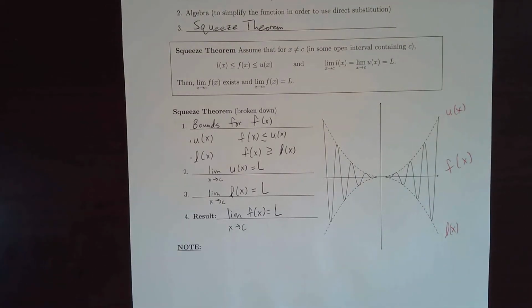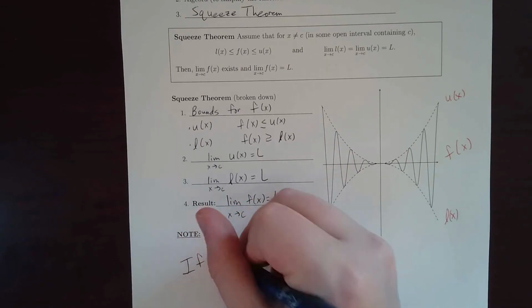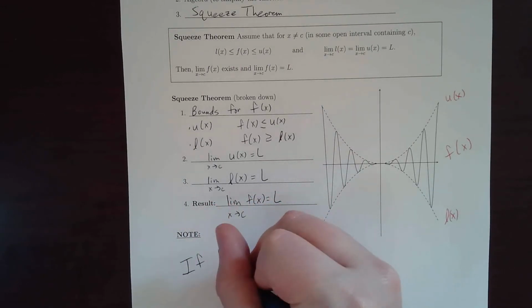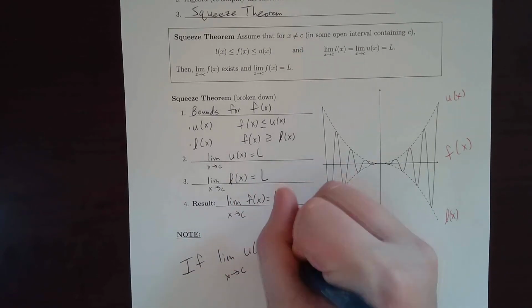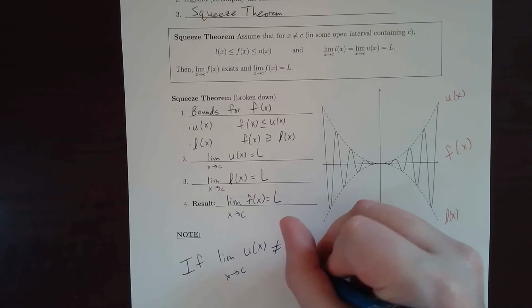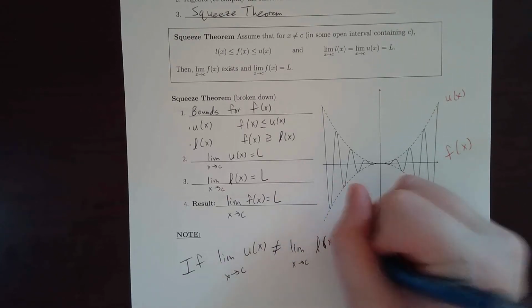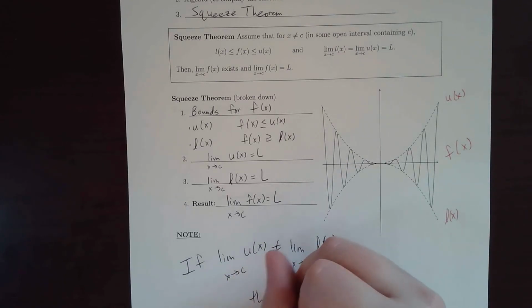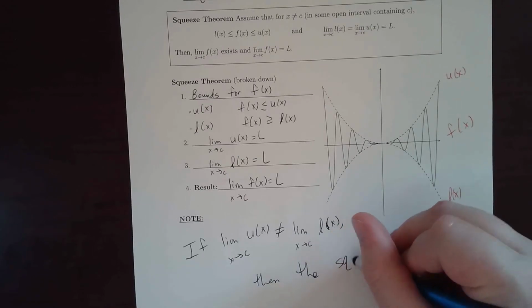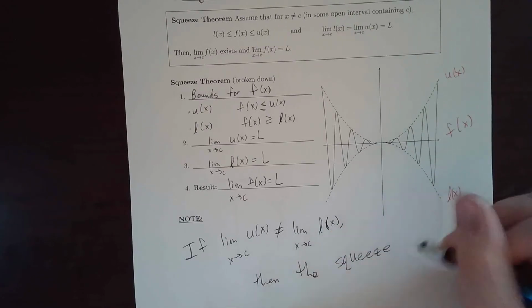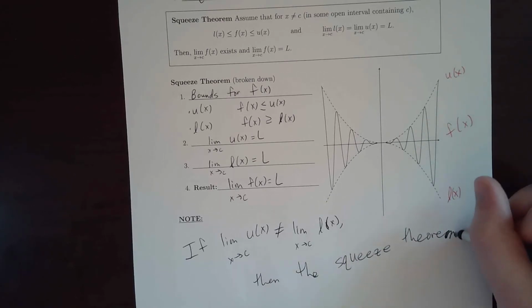So note here that if the limit as x approaches c of u of x is not the same as the limit as x approaches c of L of x, then the squeeze theorem does not apply.